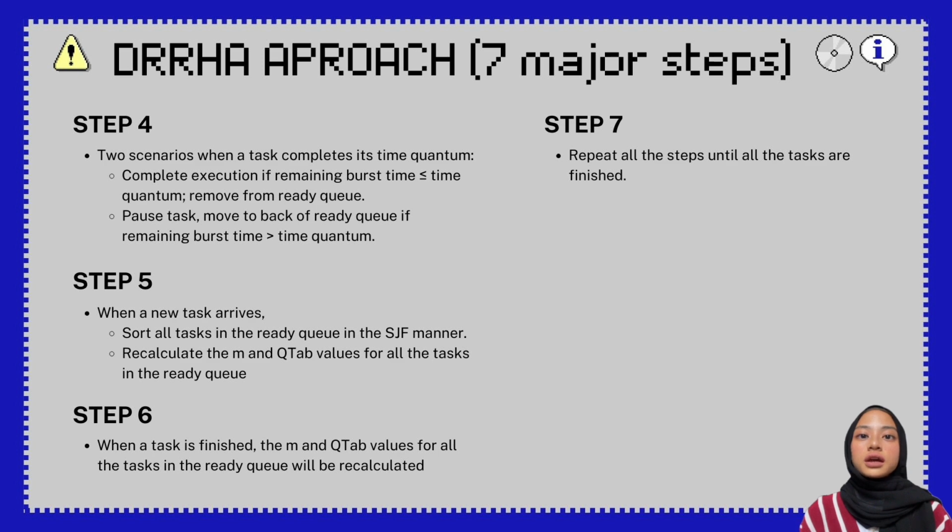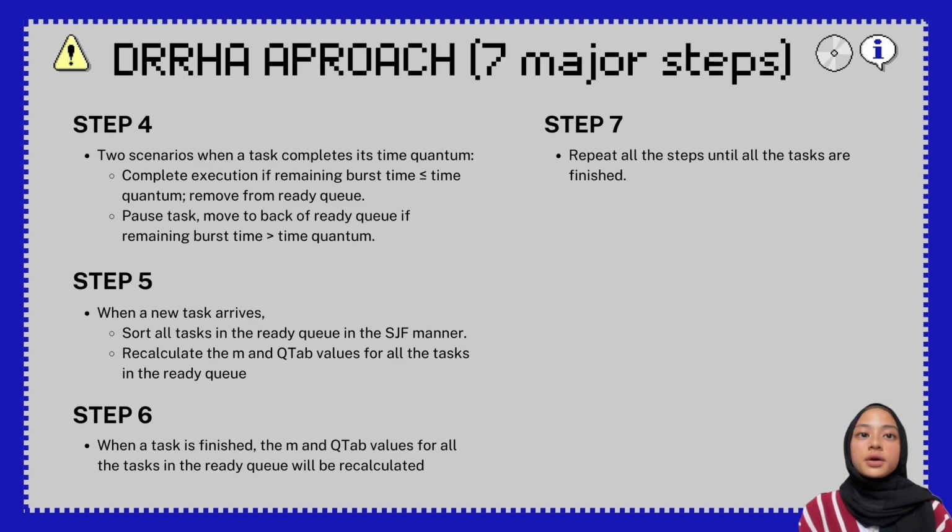Now, there are 2 things that can happen when a task finishes its execution. First, if the time quantum is less than or equal to the burst time left, complete the execution, then take it out of the queue. But if there's more burst time left than the quantum time, we pause it and move it to the back of the queue.